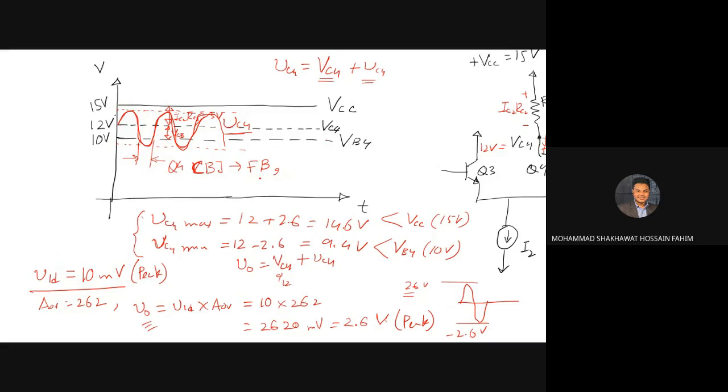It becomes forward biased. And if it becomes forward biased, then what do you get? If the collector base junction becomes forward biased, what happens to Q4? Will it remain in active mode?